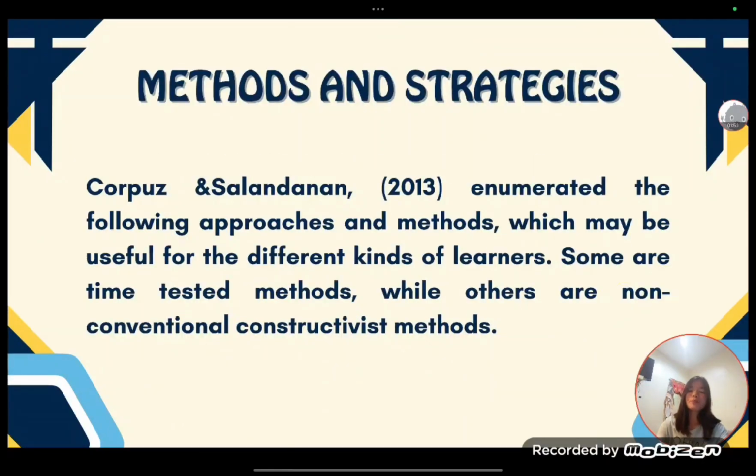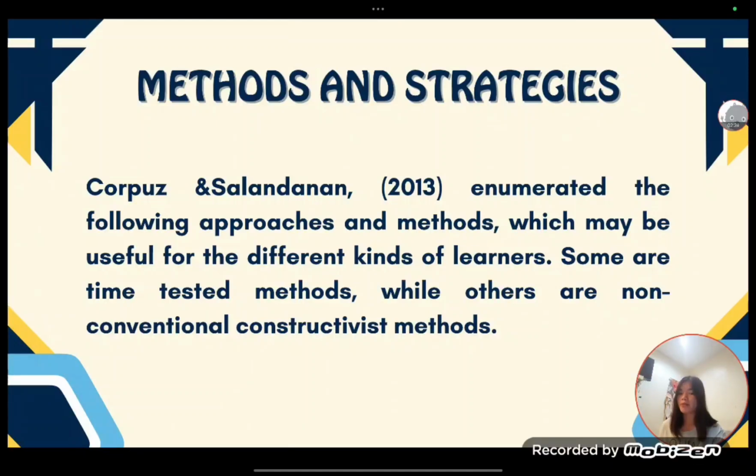Before I proceed with my discussion, I have a quotation here: teaching is not just about telling students information, but a teacher must use different ways to help students learn based on their needs and their learning styles. According to Corpus and Salandanan of 2013, they enumerated the following approaches and methods which may be useful for different kinds of learners.